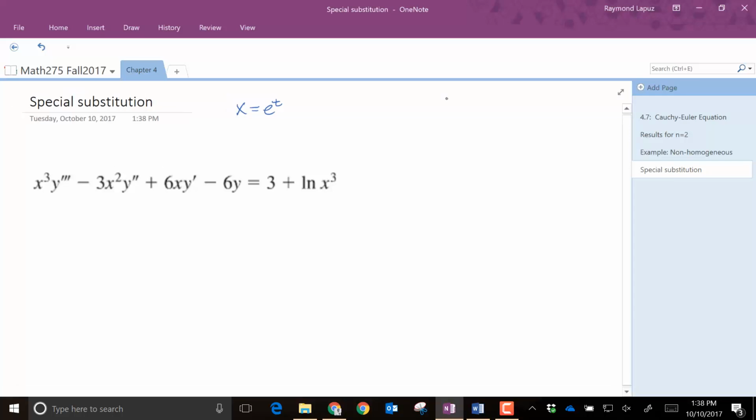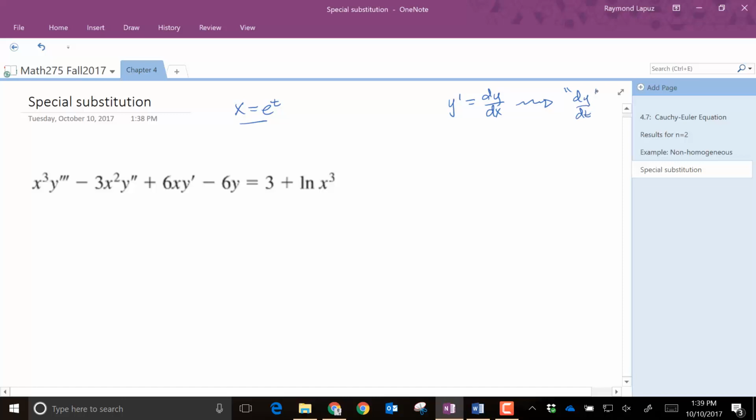And remember that our y prime is actually dy dx. Somehow with this substitution, we want to transform our dy dx's. Instead of dy dx's, we want dy dt's, because we're going to change our variables from x to t.